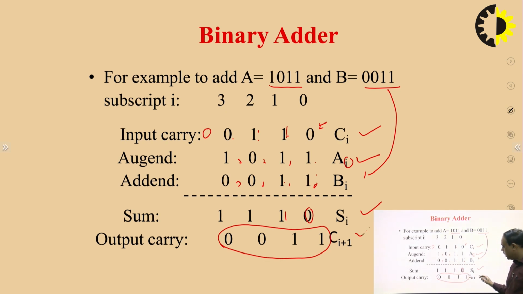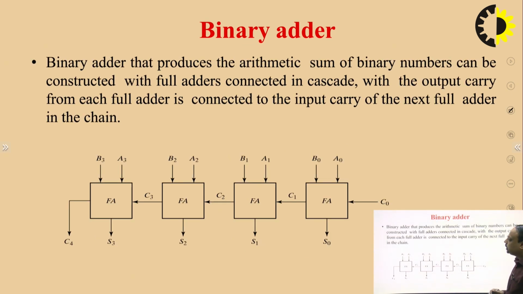We require this C(i+1) when we make a binary adder with the help of half adders and full adders. As we can see over here, this is the basic binary adder, with half adder 1, half adder 2, half adder 3, and full adder 3 and full adder 4.